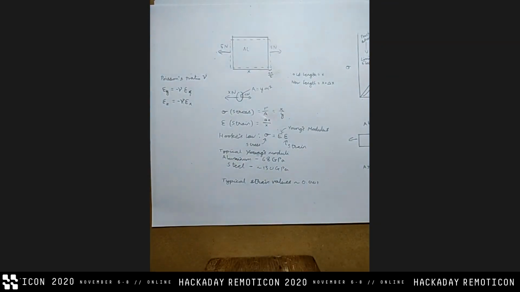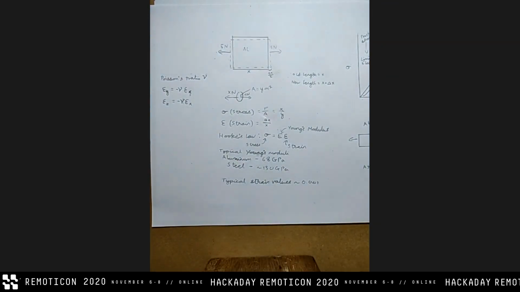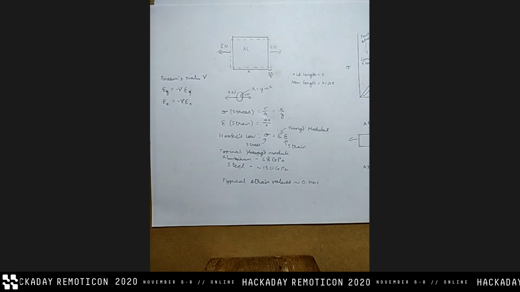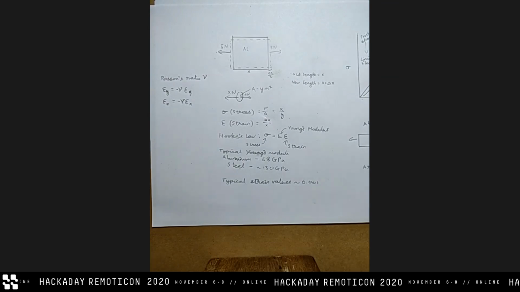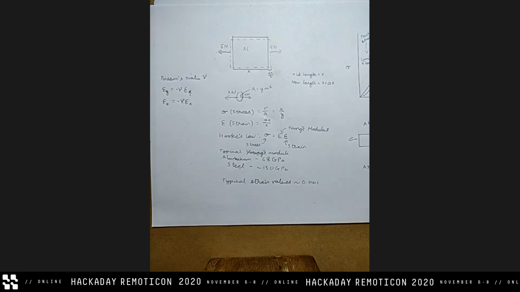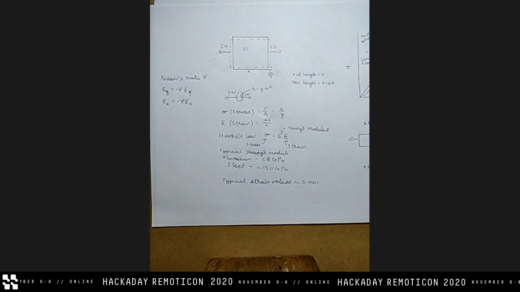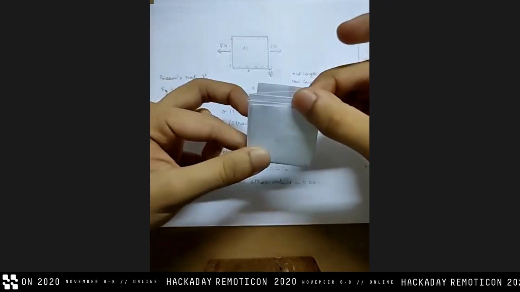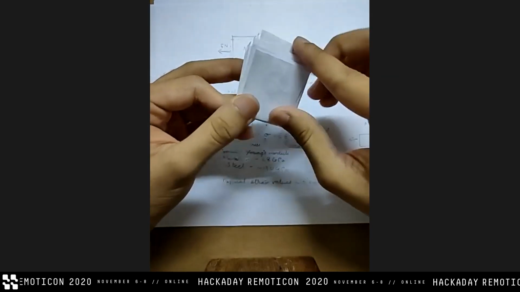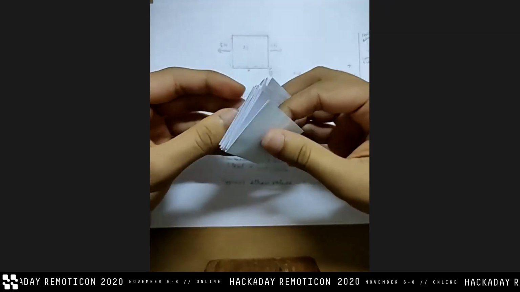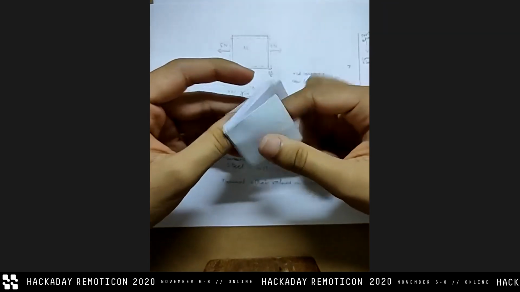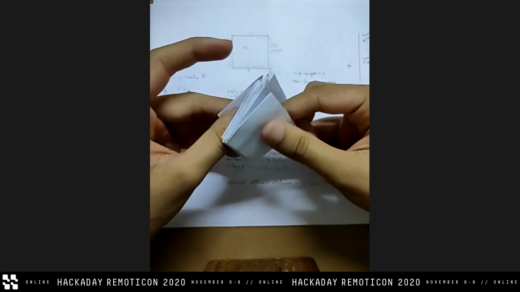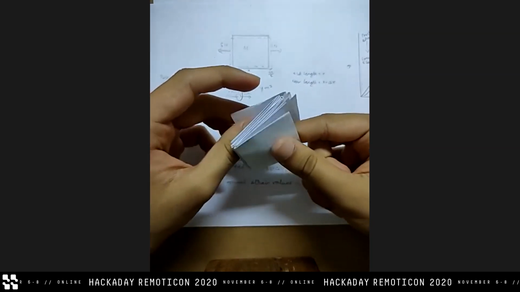Now you may be thinking, what is the real world use of this herringbone tessellation? This isn't one, but to that, I give you this. It doesn't look that impressive right now, just a folded sheet of paper, but this is called the Miura fold. It's another example of negative Poisson's ratio, but it has some really cool applications.